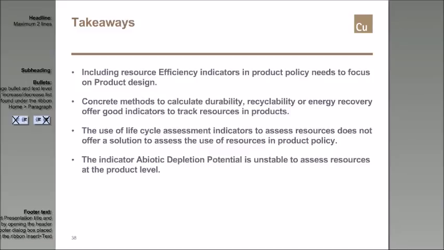As we have seen, the use of life cycle assessment indicators to assess resources doesn't give us a solution to increase the efficiency of products, and the indicator abiotic depletion potential is unstable and is not suitable to assess resources at product level.